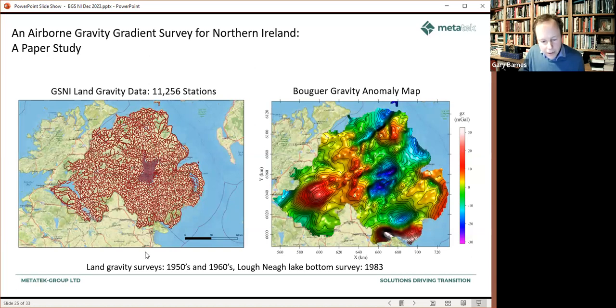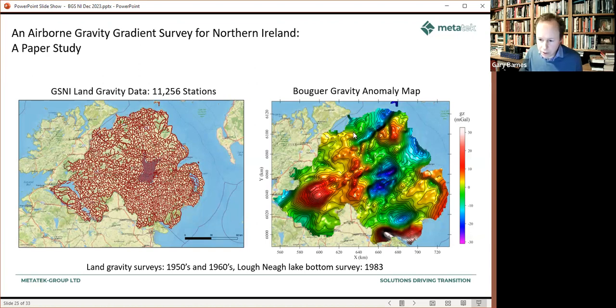But a lot of this data originated from land surveys in the 1950s and 1960s, including some lake bottom surveys in 1983, but a huge campaign and compilation of many vintages of data that's gone into this. And it produces quite a nice Bouguer gravity anomaly map.